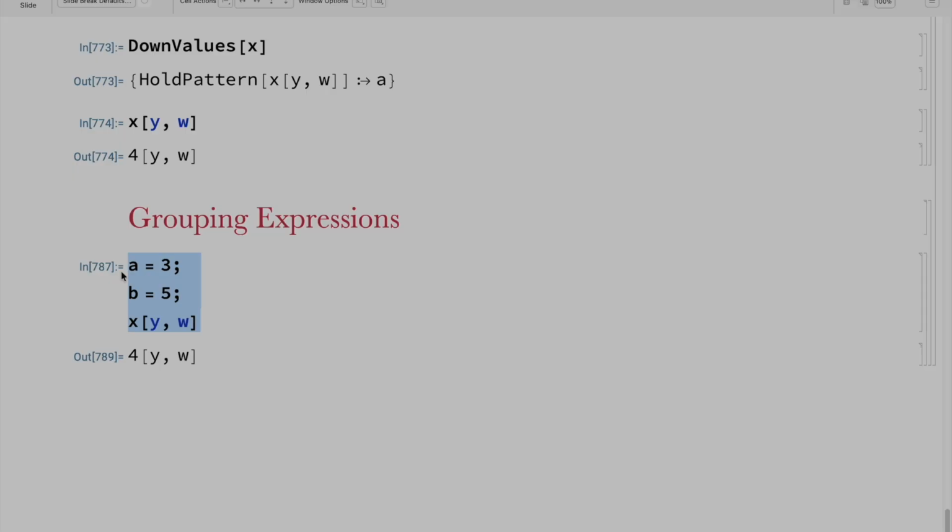I guess the best way to show this to you is to copy this. So if I go back to our trusty FullForm and I paste this, I could, by the way, have an expression that spans multiple lines. I don't need to have it all on one line, and I mean multiple lines between the brackets.